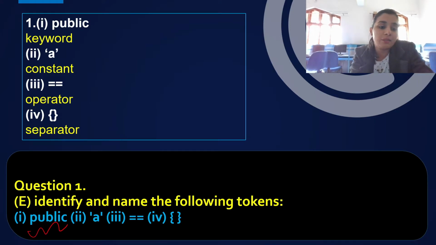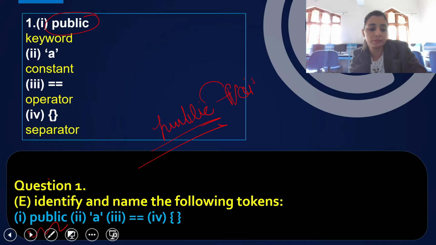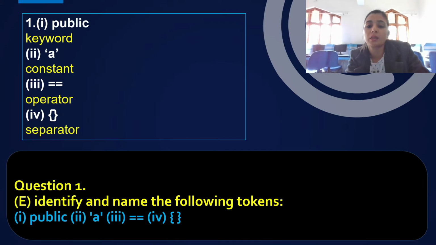Public is the keyword we use when we know that our method, our function, is accessed everywhere.